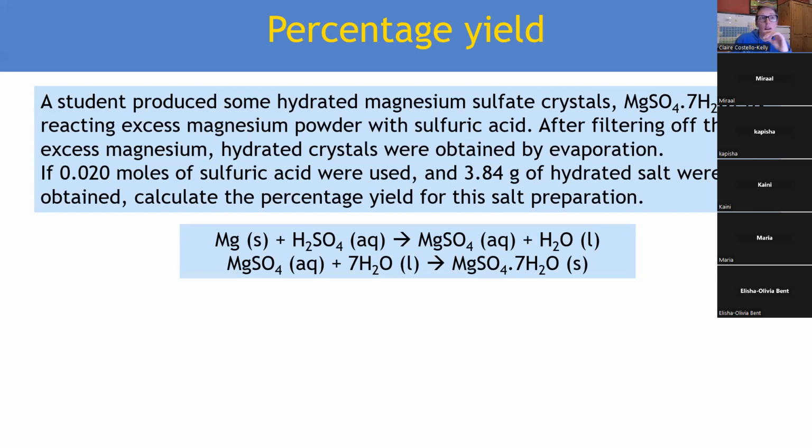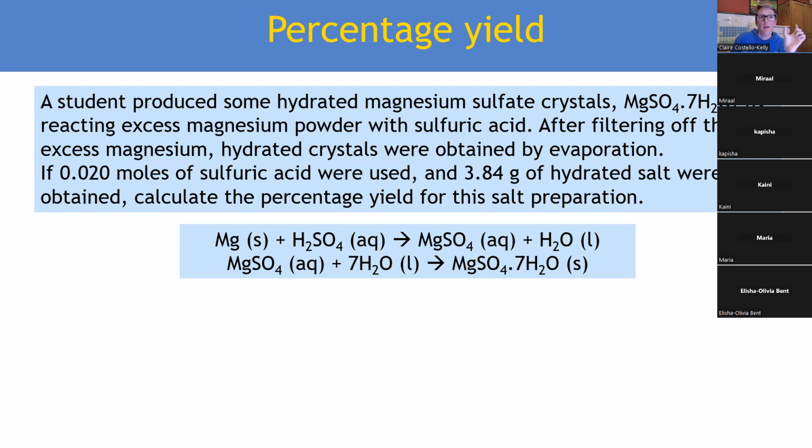So the main thing about percentage yield is we're looking at what goes in compared to what goes out. So that's what I want to pick out of this question. If you think about any percentage, if you can't remember the calculation, think about how you would calculate your percentage in a test.